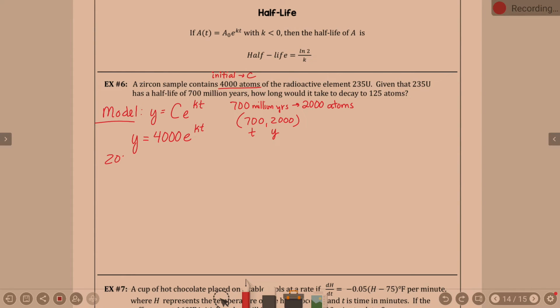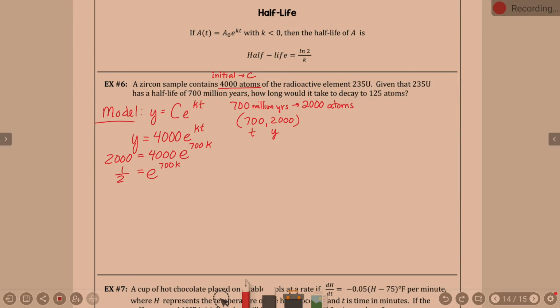So I'm going to say 2,000 equals 4,000 e to the 700K, if you will. What happens when we divide here? 2,000 divided by 4,000 is 1/2 e to the 700K. Why is that 1/2?